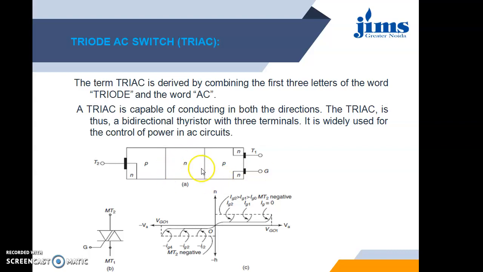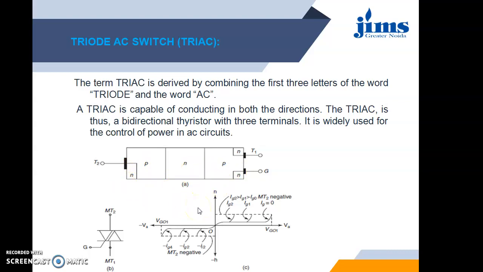Okay, if we look at its construction, which is shown in figure A, we can start with the layers P, N, P, N. So this is the first SCR, and the second SCR can be written as N, P, N, P. So this is the other SCR.